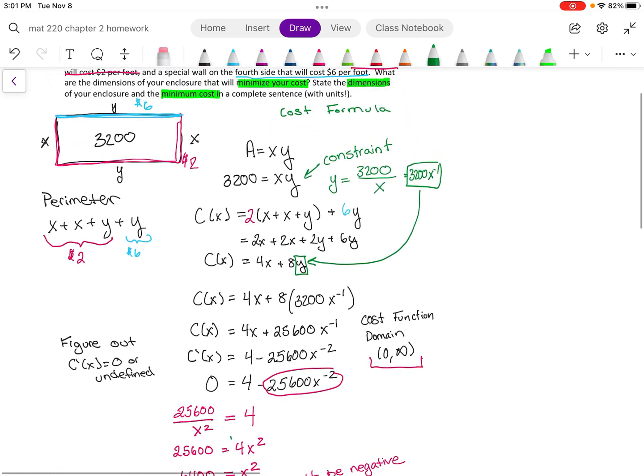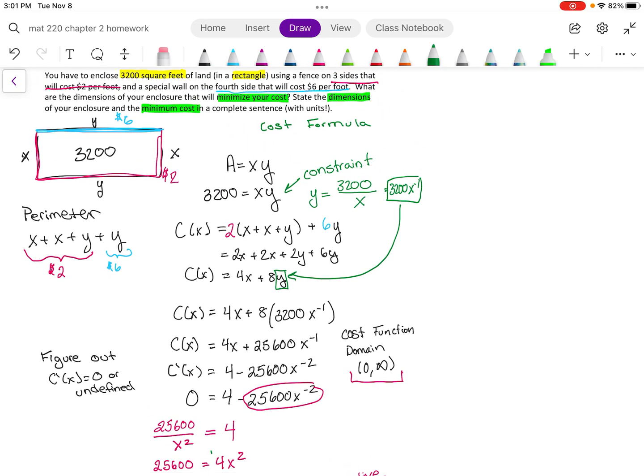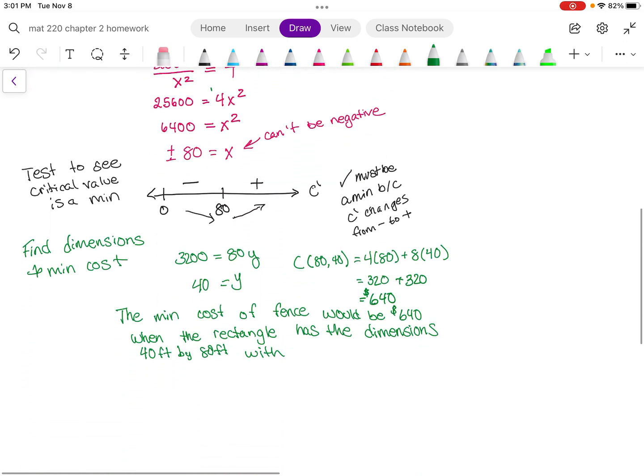Keep in mind that the y value, the 40, was our $6 side, with the special fence along one of the 40 feet sides.